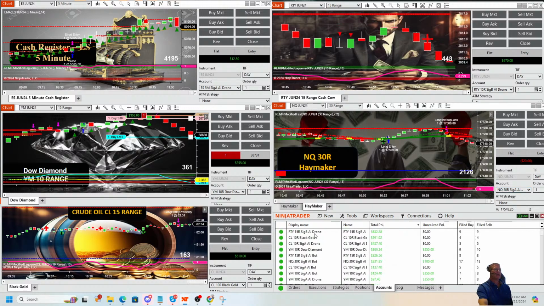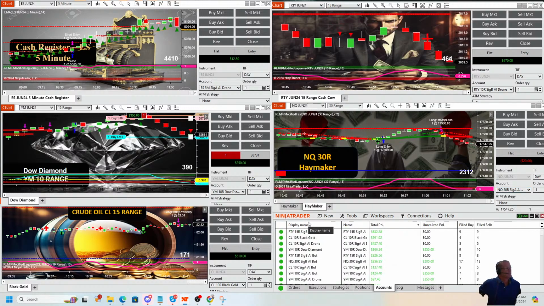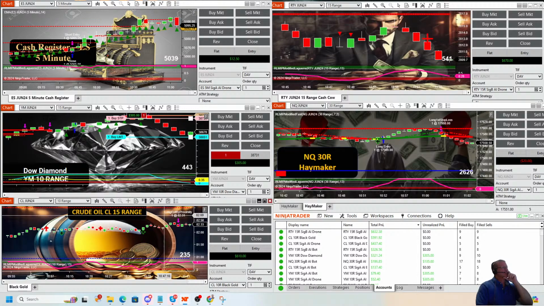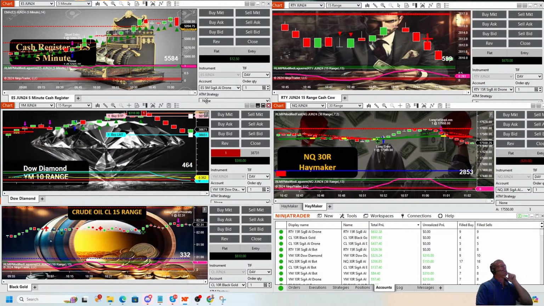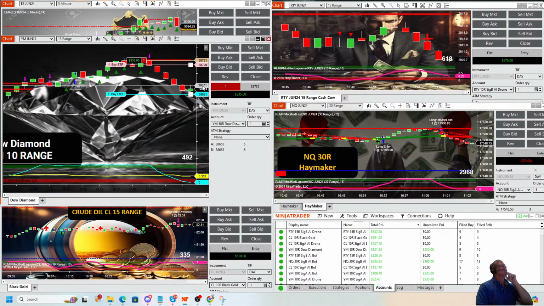So it looks like the Russell, surprisingly so far, is on top. Crude oil is at 610. Look at this one here. Another one on the Dow.